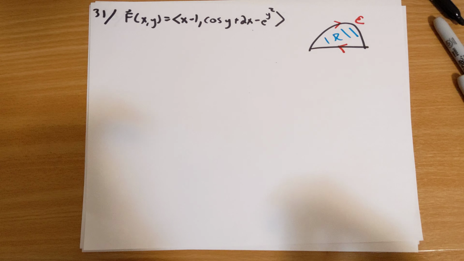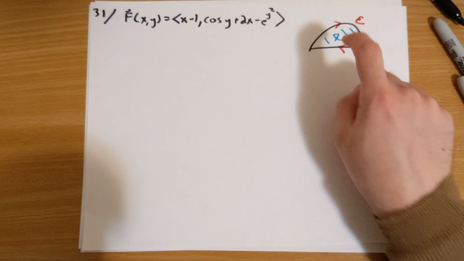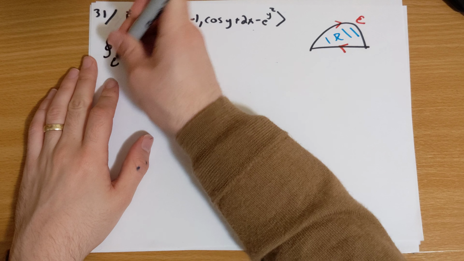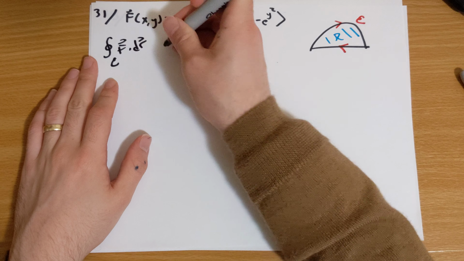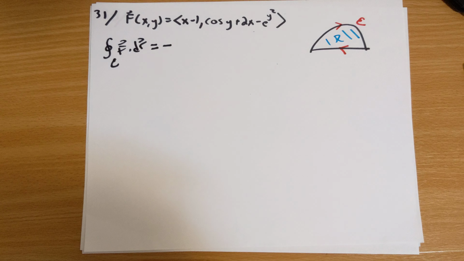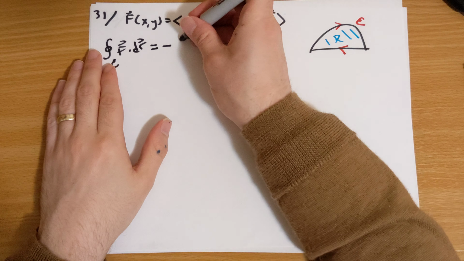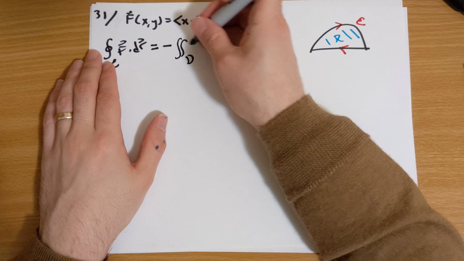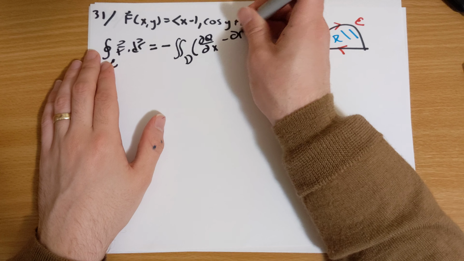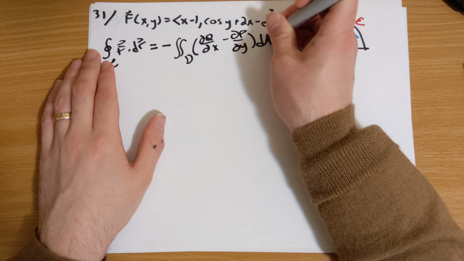So part A says use Green's theorem to evaluate the line integral over C of F dot dr. Well, that's going to be the negative. We throw in a minus sign because that's the wrong orientation, of the integral over D of partial Q partial x minus partial P partial y dA.